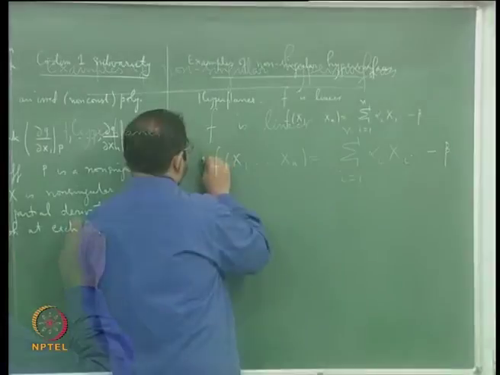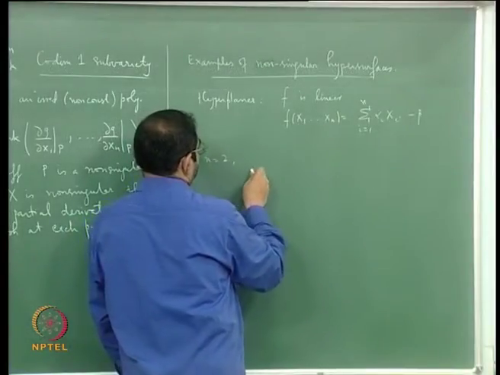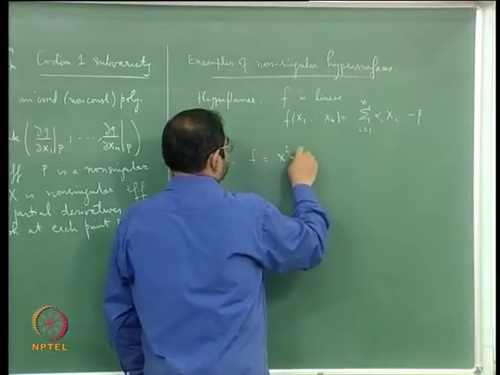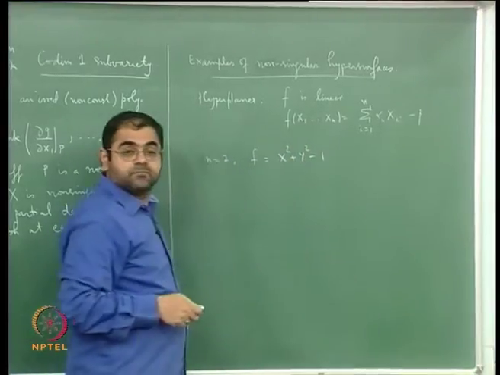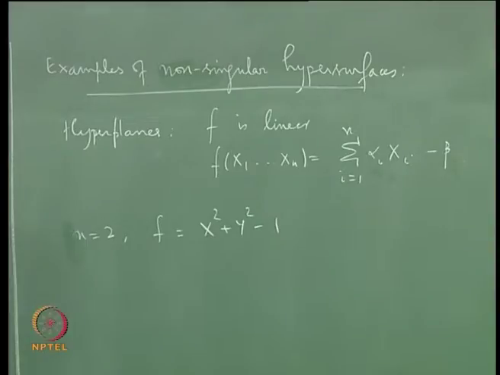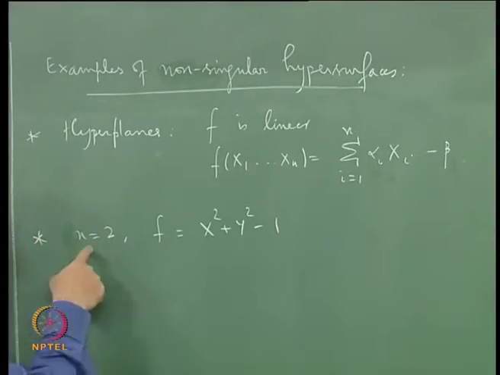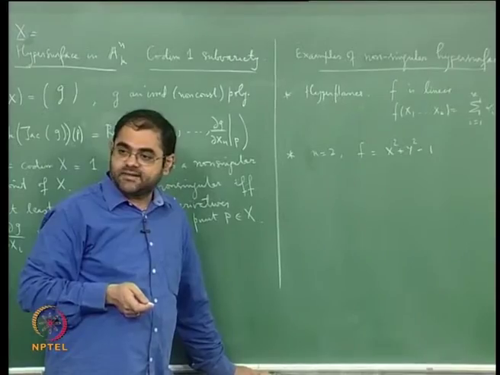Then you can take things like n equal to 2, and you can take f to be x squared plus y squared minus 1. Well, this is a circle in A2.